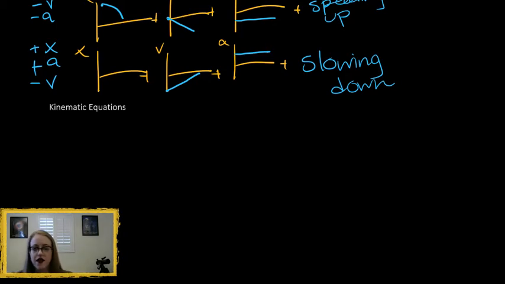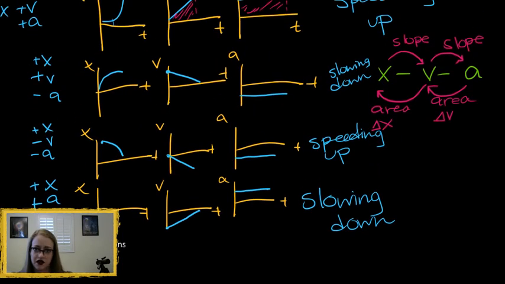How would this look on my position graph? I'm going to start with a negative velocity, and my slope is going to get smaller. How does that look? Well, let's think about what this one looked like, and think about it being the opposite.